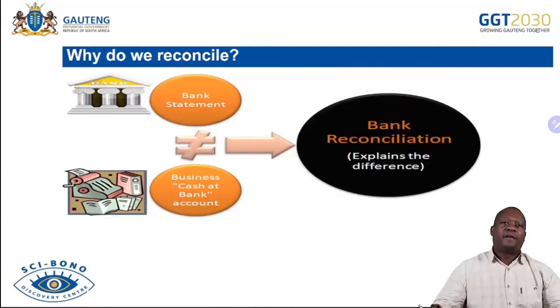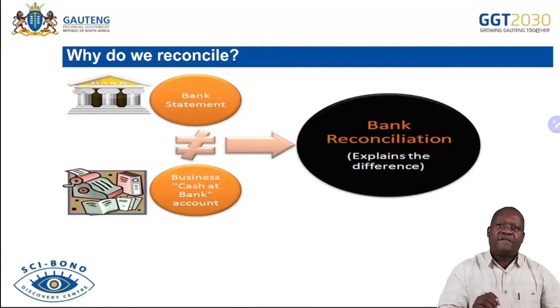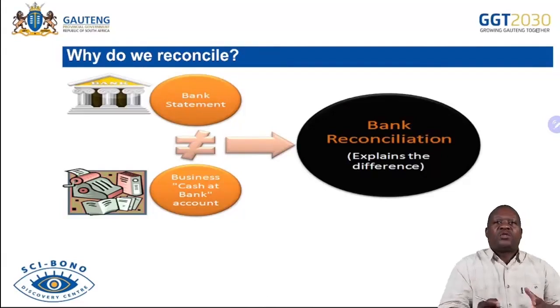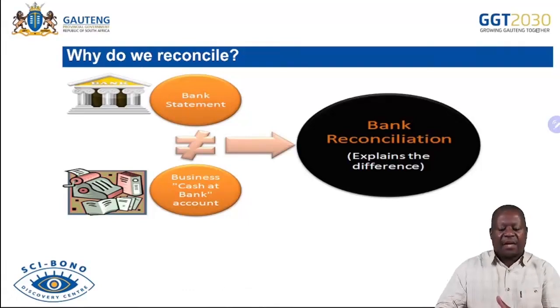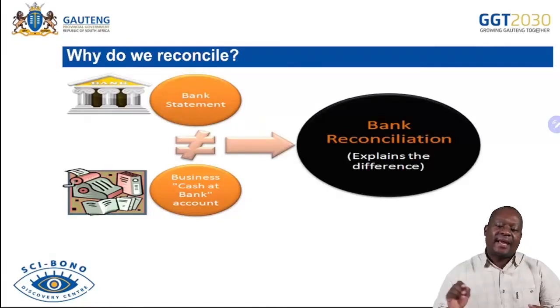Check here. This is the reconciliation process. The bank is recording everything on the bank statement. The business is also recording everything, every cash that it is taking to the bank as well as it is taking out of the bank.